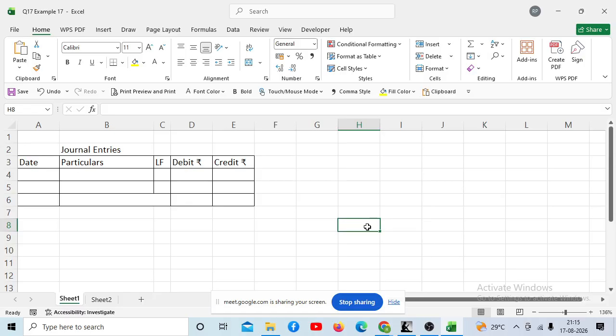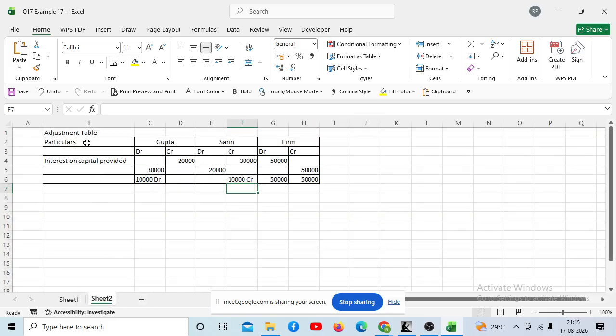Done. Okay. Now in this case, we are supposed to prepare one working note that is called the adjustment table. Okay. So I will just show you how to prepare the adjustment table. Okay, this is the adjustment table which we are supposed to prepare.